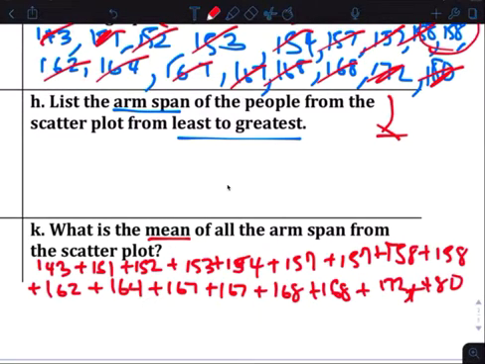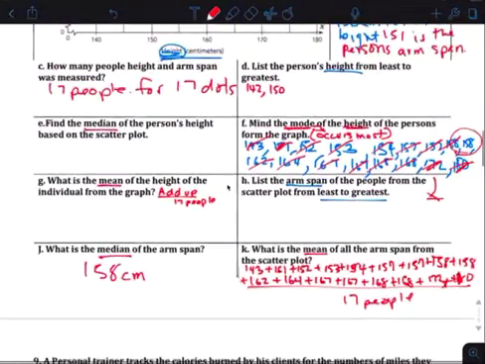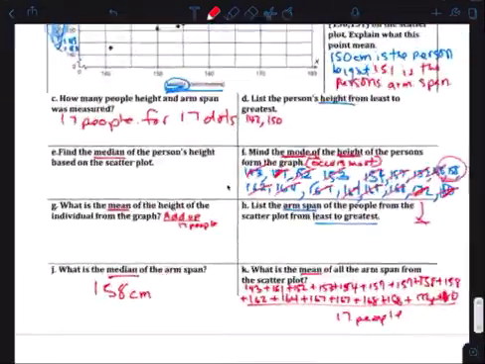Add them all together and divide it by the 17 people, all their arm spans. So for the mean here, that's what you're doing, okay?